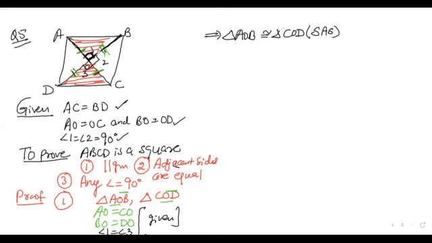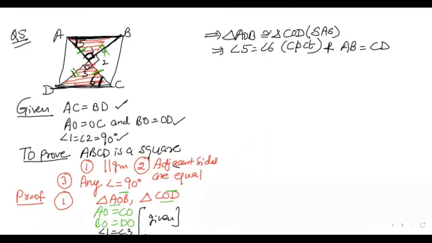This clearly implies that this angle, suppose it is 5, and this angle, suppose it is 6, are equal by CPCT. Because we know in congruent triangles, all the corresponding parts are equal. And the length AB is equals to length CD again by CPCT.